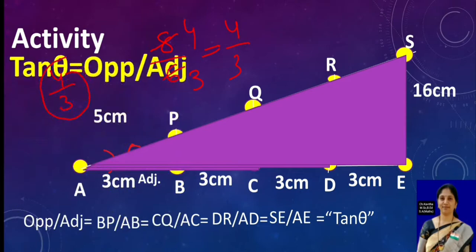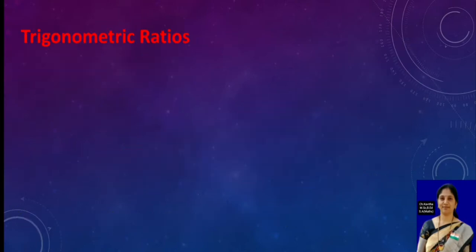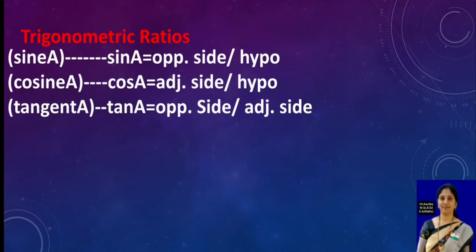You have to keep concentration on the names of the sides, how we can find them in a right angle triangle. Okay, now just see the trigonometric ratios. Totally there are 6 trigonometric ratios. First, we define sine A, that is, sine A is nothing but opposite side by hypotenuse.